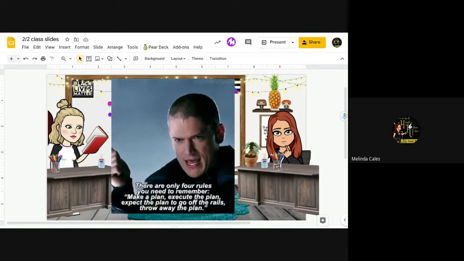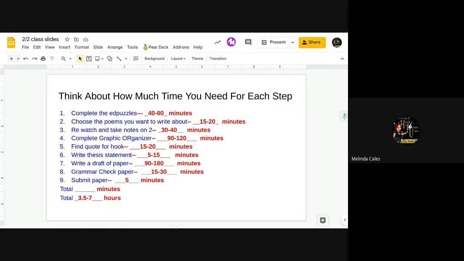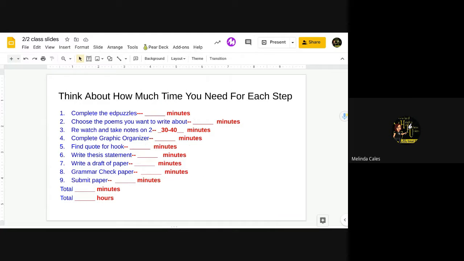I think I'm going to move him to the last thing, is to chunk out your time. So you'll see I actually did this with my other classes. What you need to do first, especially when you've got something big like a writing assignment, is to think about the different steps that you have to complete in order to get to your end goal of having a finished writing piece.